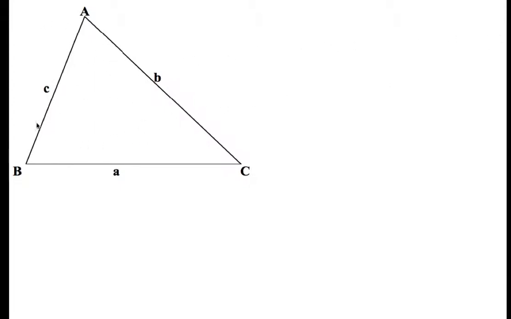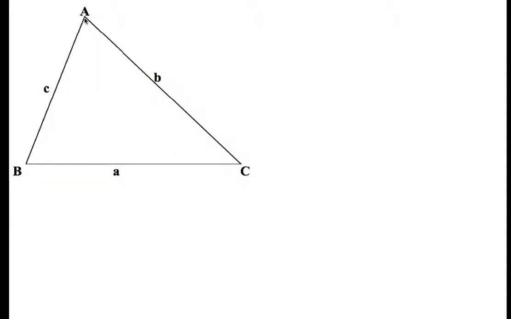All right, so let's look at this triangle here. The convention that we use in these triangles is that we'll call the corners capital letters A, B, and C. And what we're going to find out is it will be convenient for us if we name the sides with the same letters, but we'll use lowercase so we can tell which ones are the angles and which ones are the sides.